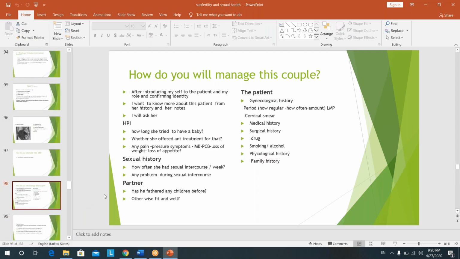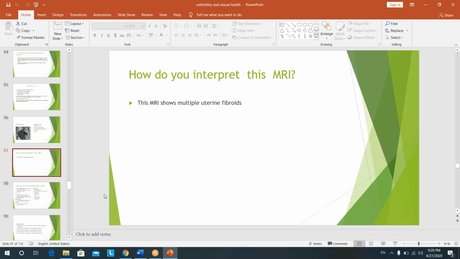How will you manage this couple? First of all, I will introduce myself to the couple with my name and role, and then I will take her history thoroughly because I am seeing her for the first time. Then I would like to examine her and then interpret her investigations and plan further management.